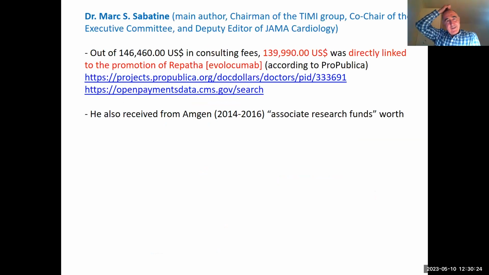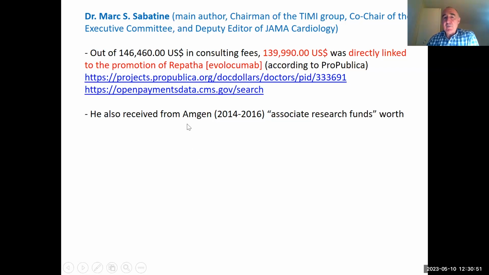Well, and there's a lot of conflicts of interest. The main author of this trial, during the implementation of the trial, was paid some $146,000 US in consulting fees from the company, most of it to promote evolocumab.